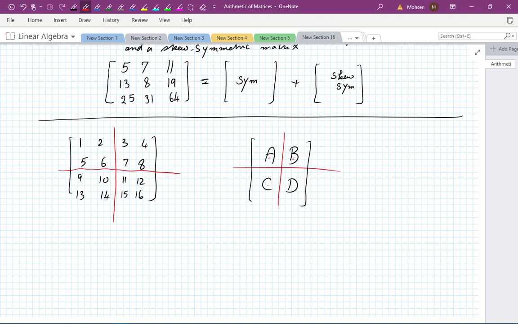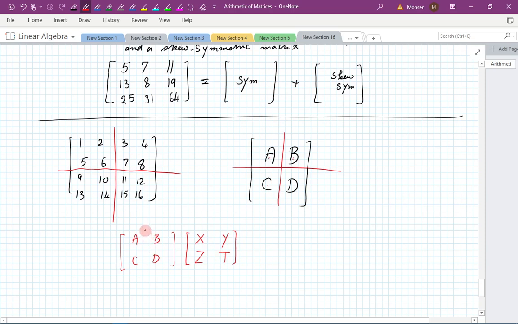If you have a matrix that is partitioned as A, B, C, D, and you want to multiply it by another one, let's call it X, Y, Z, T, so imagine that you had 4 blocks here and another 4 blocks here, how do you multiply them? The number of columns of this has to match the number of rows of this one. The number of columns of that one has to match the number of rows of this. And if that's the case, then you can actually carry out your multiplication.